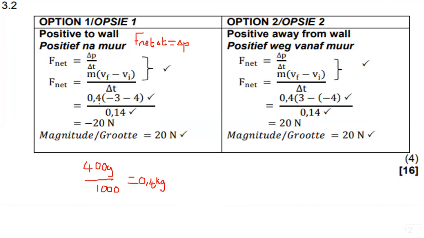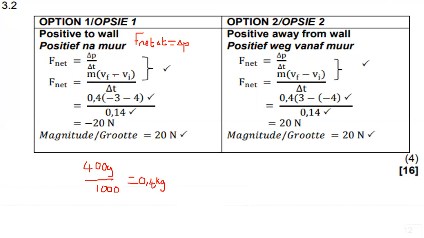So we'll have 0.4 kilograms into the final velocity is 3 meters per second, right? Remember final velocity, that is when it was going away from the wall. Now, if we said towards the wall is positive, it means away from the wall it's negative. So that velocity will be substituted as a negative value.